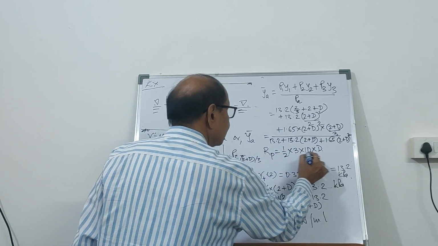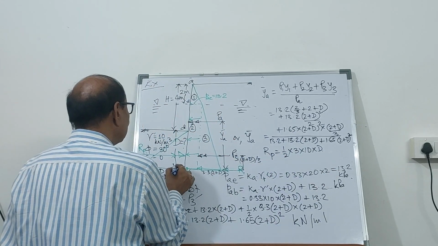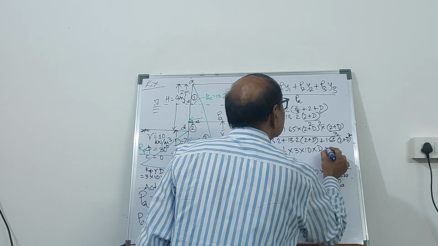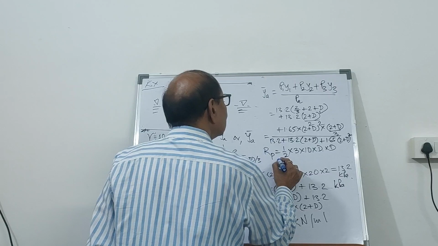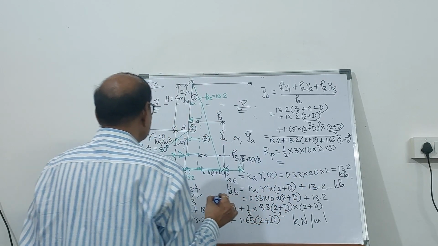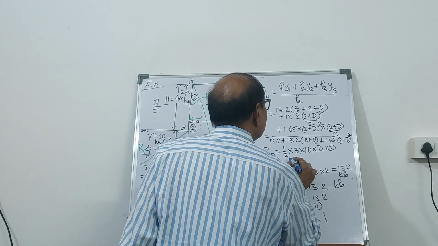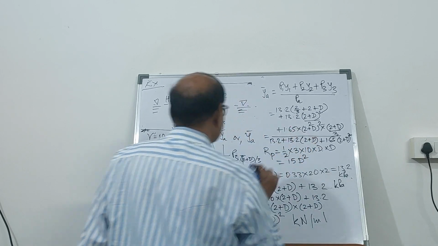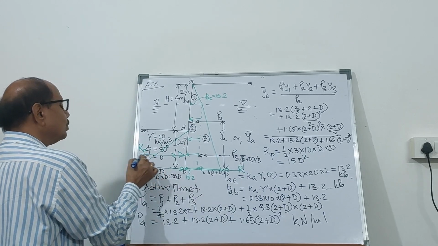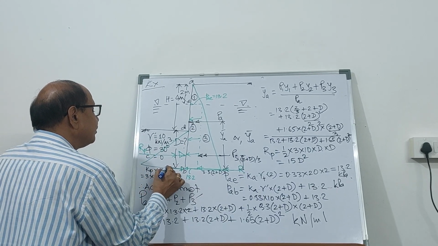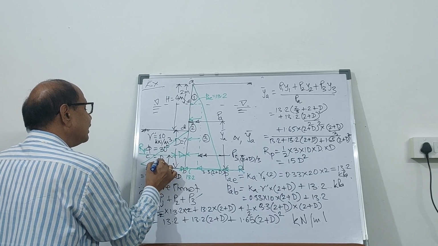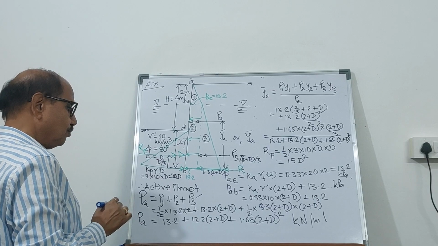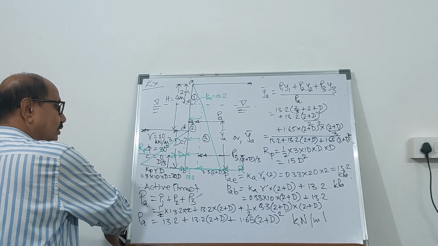So half into 30D into D, the magnitude is going to be 15 D square. So RP is known to you as 15 D square, and it will be acting at a distance of D by 3.